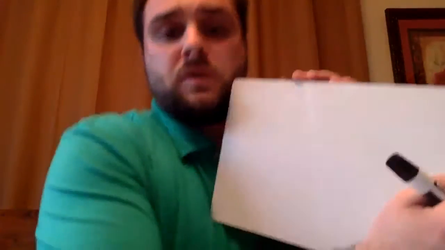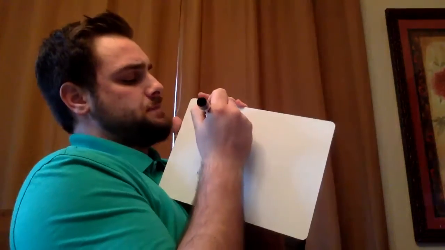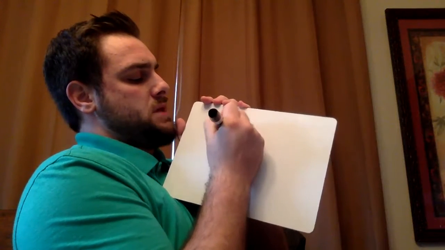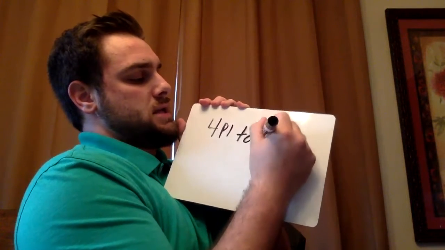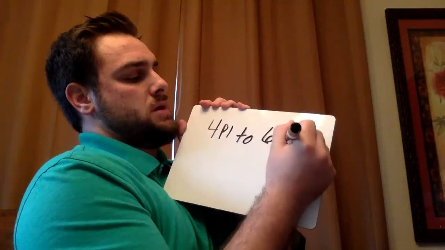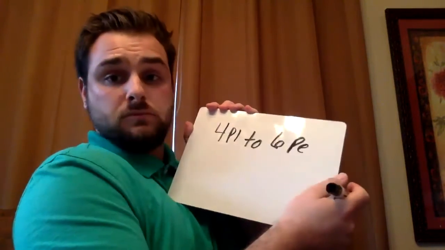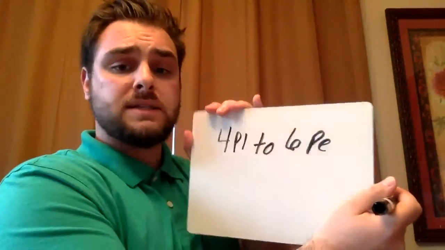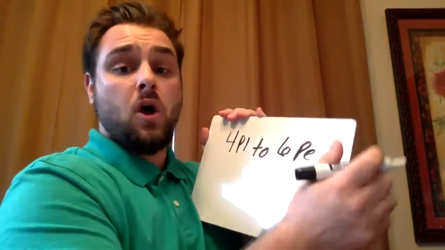So if I were to say that there are 4 plants, I'm going to put PL for plants, to 6 people, put PE for people. That's how I'm setting this up. So there are 4 plants to 6 people. Then how many plants are there when we have 9 people?